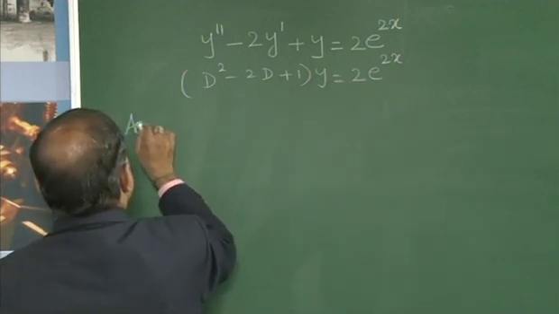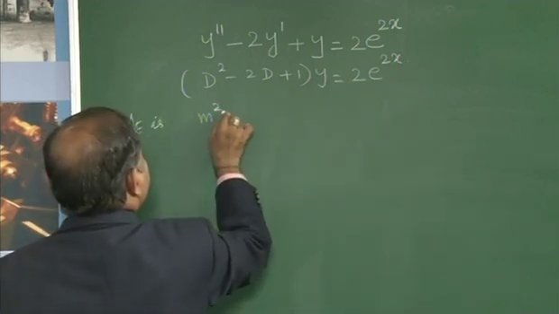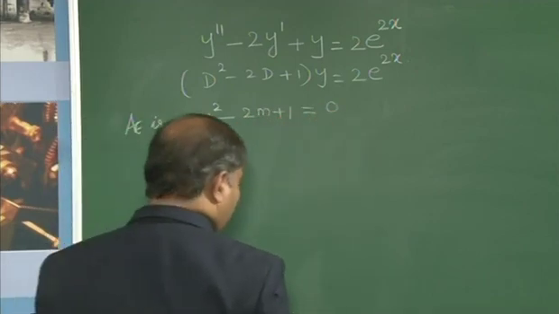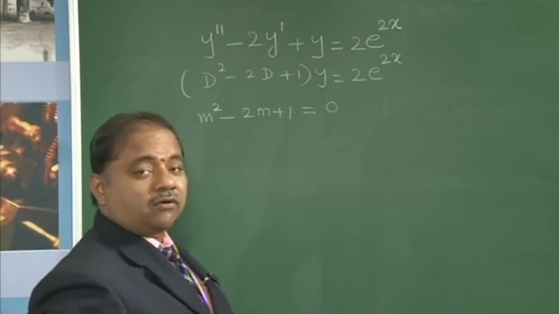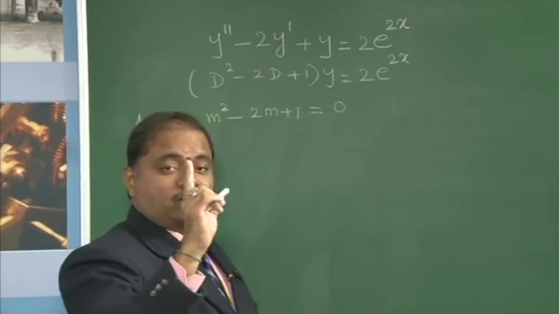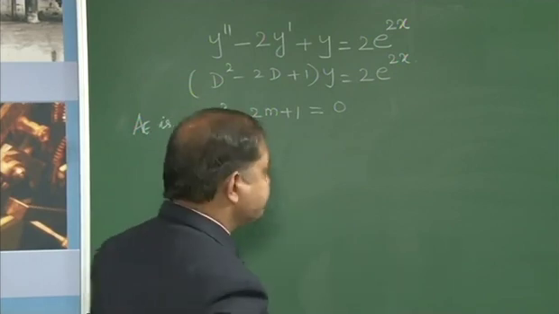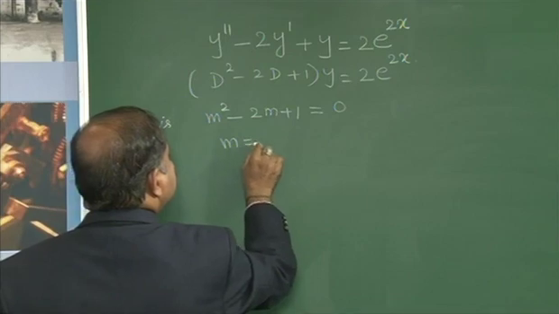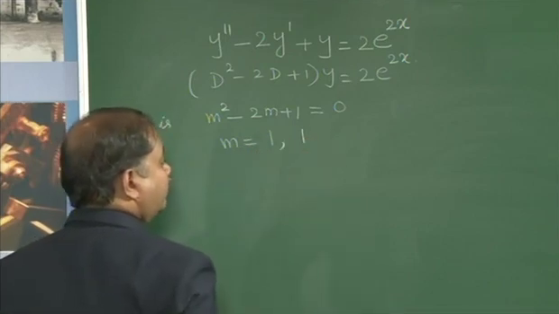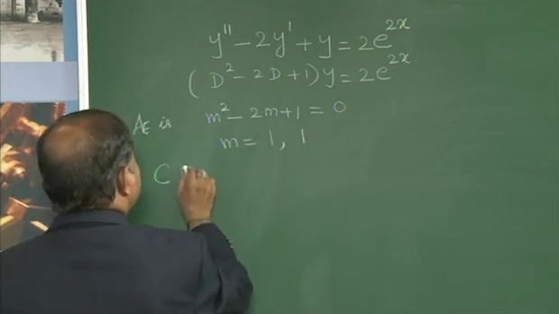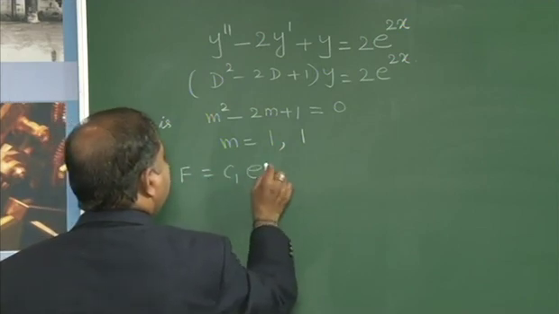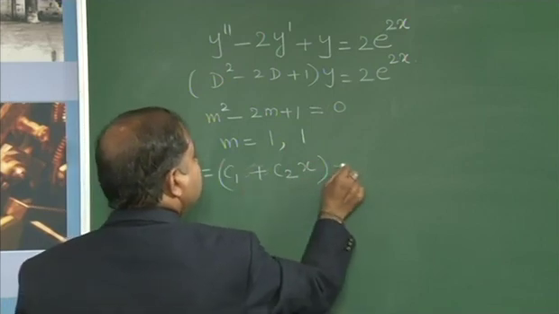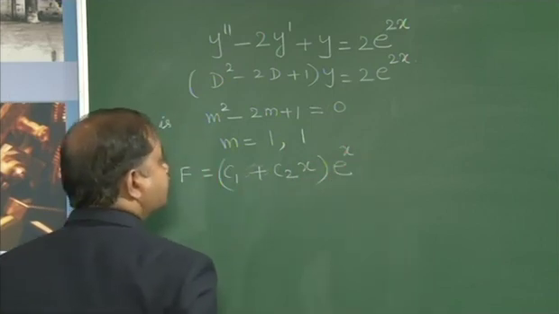What is the auxiliary equation? m squared minus 2m plus 1. I already told you, if you use a calculator it gives equal roots. Be careful, it will show only one root, m is equal to 1. You have to write 2 times: 1, 1. Equal roots. What is my CF? (C1 plus C2 x) into e power x.